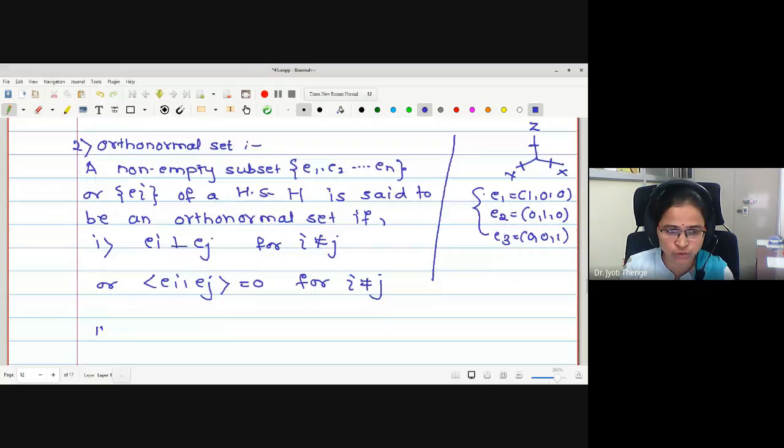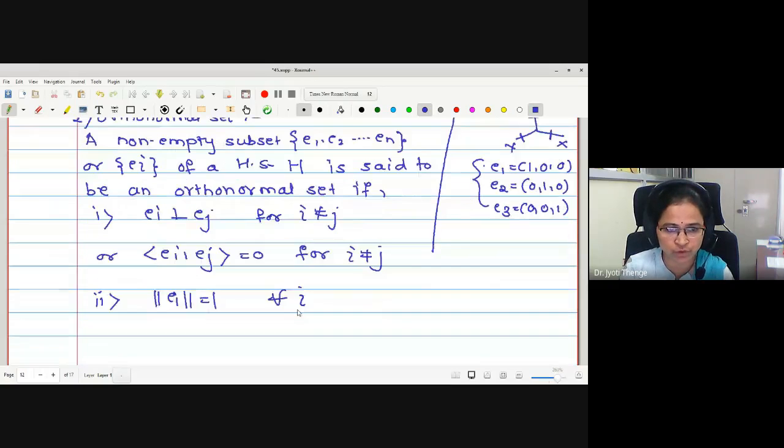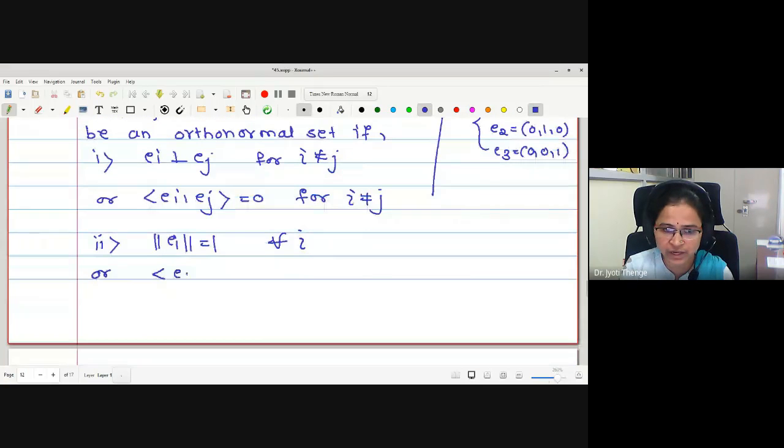Condition number 2 tells us that norm of Ei is equal to 1 for all i, or one can write inner product of Ei with Ei is equal to 1 for all i, because norm Ei equal to 1 gives norm square Ei equal to 1, which gives inner product Ei, Ei equal to 1.